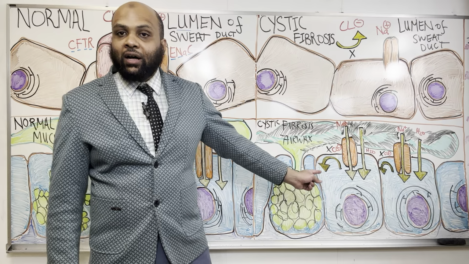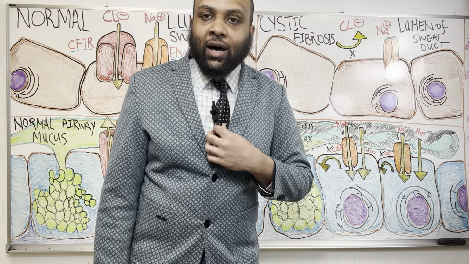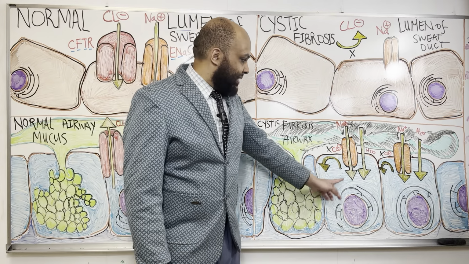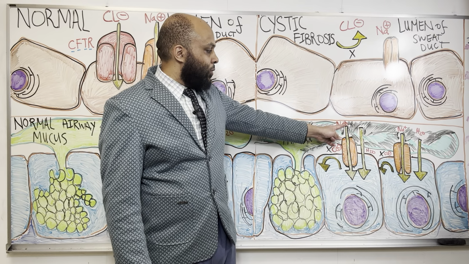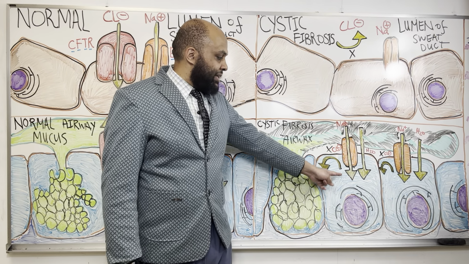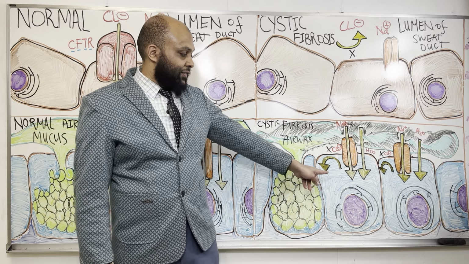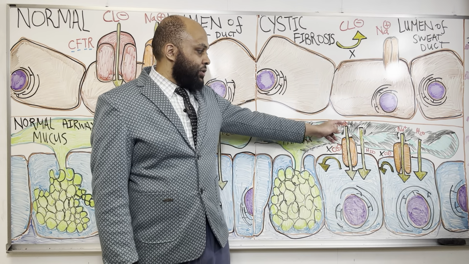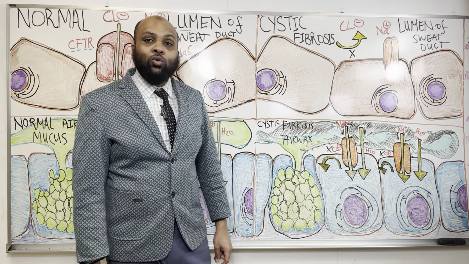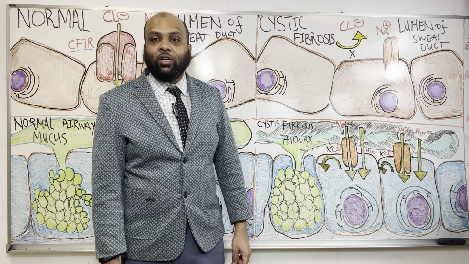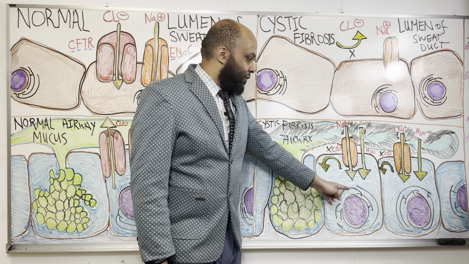And since we have a lot of chloride inside the cell, who's gonna follow from the lumen to the inside of the cell? The sodium is gonna follow the chloride. And if sodium moves inside the cell, who's gonna follow sodium? The water. So water is gonna flow in.